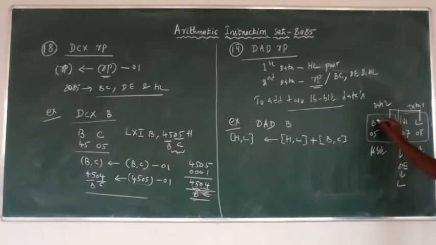Next add B register data with H register data, 05 plus 07, 12 and corresponding hexa value 0C. This result will be stored in H register.